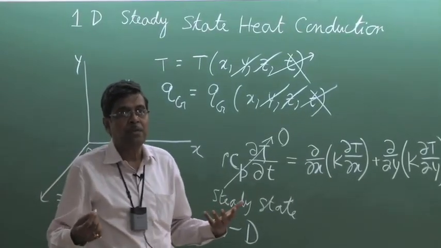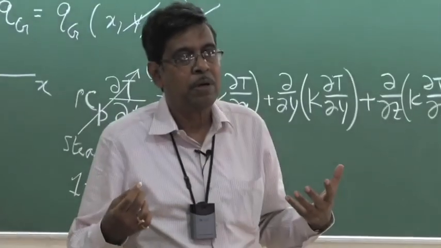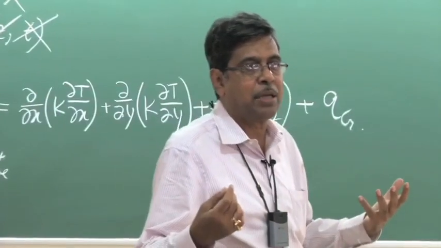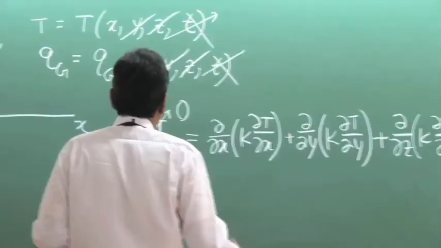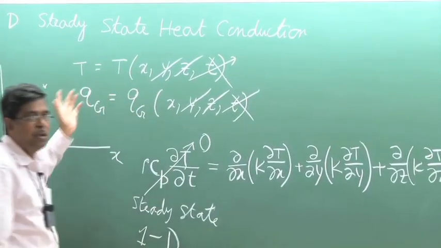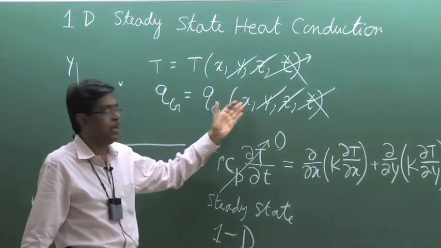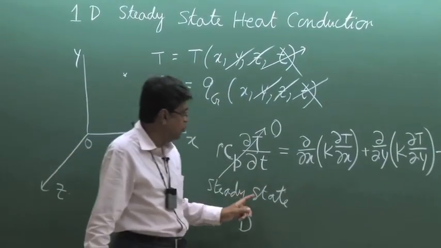That means the volumetric generation of thermal energy, the rate of thermal energy generation per unit time, may be constant at each and every point in the medium. In that case, this will simply be a constant. Even the x dependence will not be there. But in general, x dependence will be there.